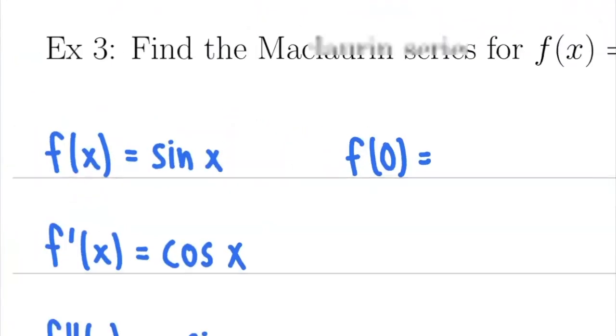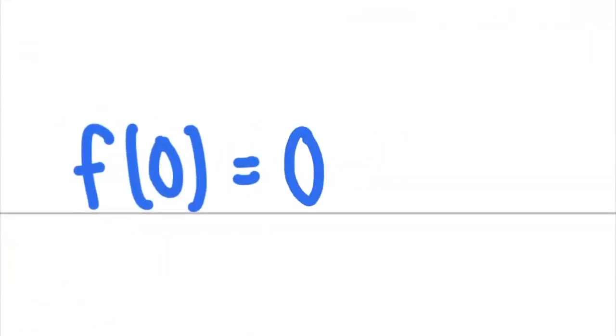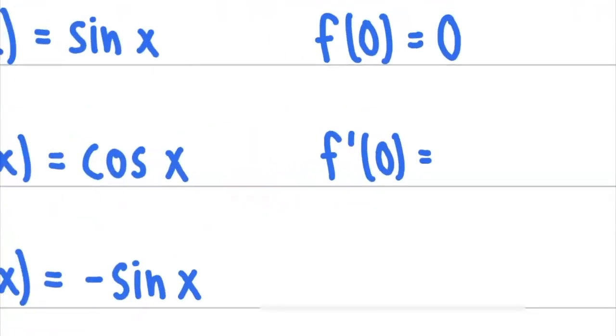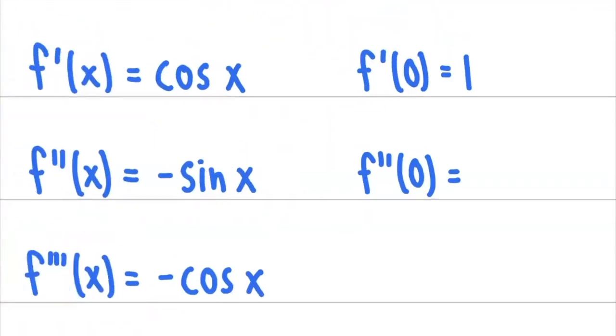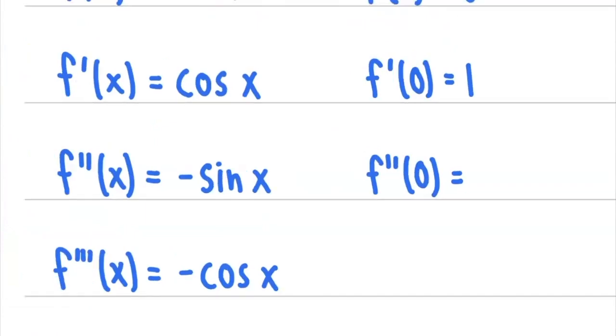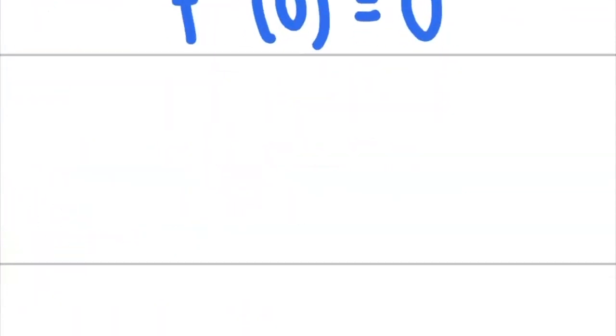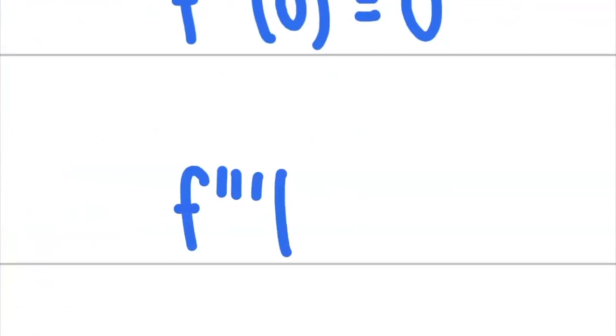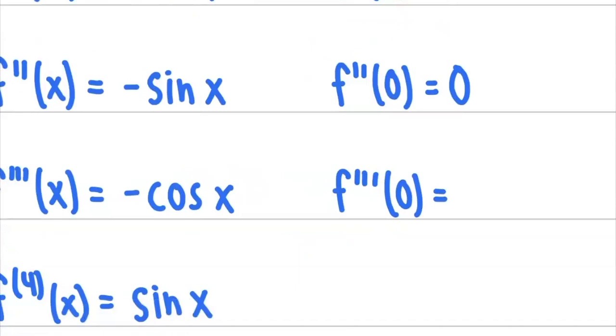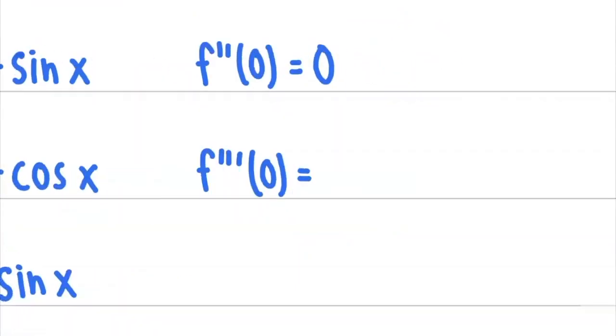So we have sine of 0. That is 0. We have f prime of 0. Cosine of 0 is 1. And then f double prime of 0. We have negative sine of 0 is just 0 again. And then f triple prime of 0. We have negative cosine, so negative cosine of 0 is negative 1.